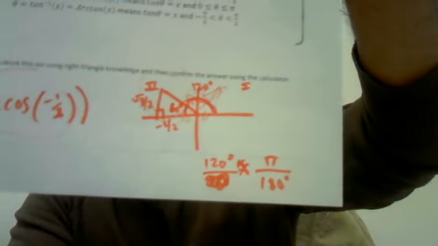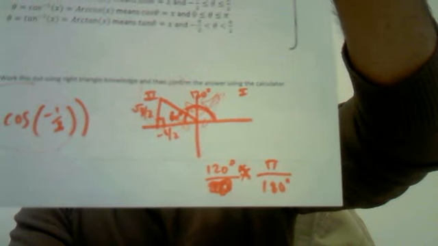120 degrees. I like degrees, but I love radians, so I'm going to convert that to radians. So the arc cosine of negative 1/2 is 120 degrees, which is the same thing as, in order to convert from degrees to radians, we multiply by pi divided by 180.